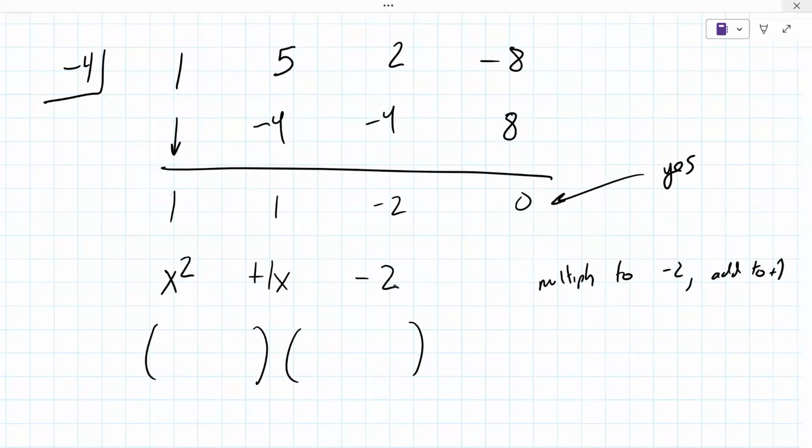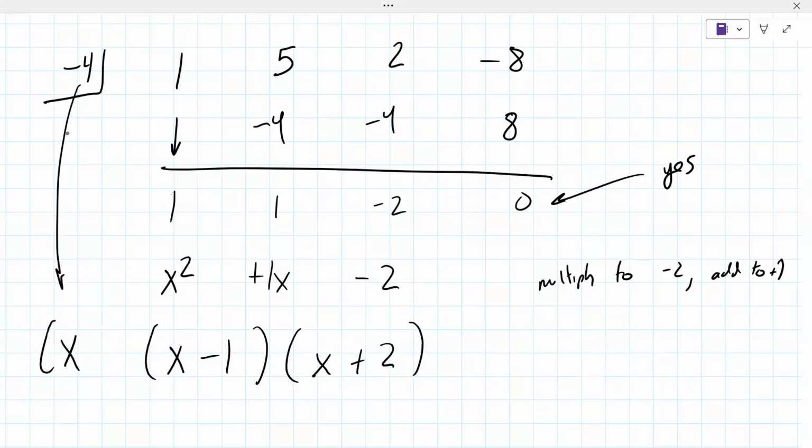Oh, -1 and 2. Okay, so x minus 1, x plus 2. And then you pair that with the -4 goes with x plus 4. And so answer the question.